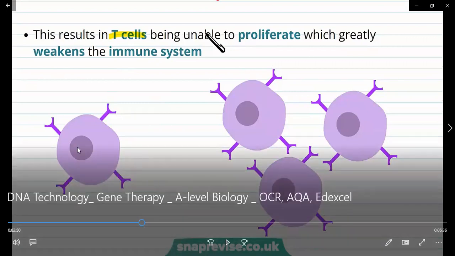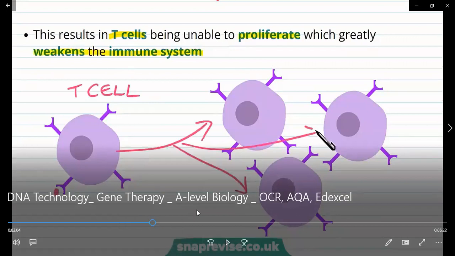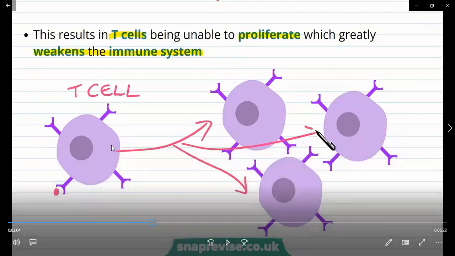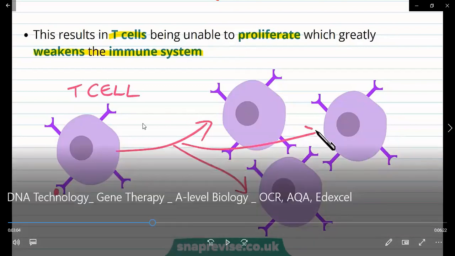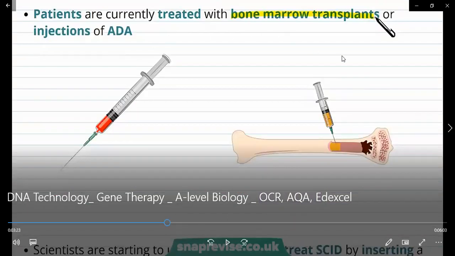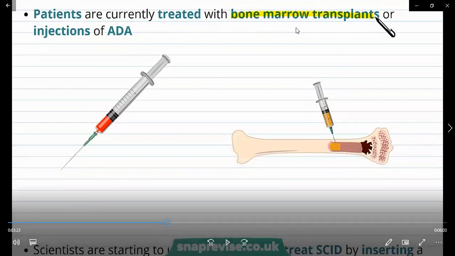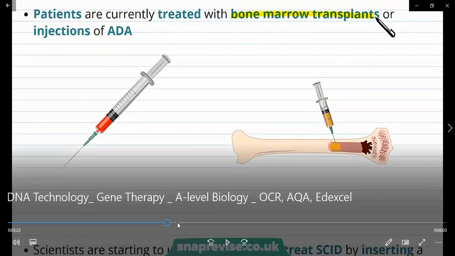Because the lymphocytes had the faulty gene inside of them, they weren't able to mount an effective immune response. So they were trying to see if they could somehow deliver the healthy allele for the enzyme to all the T cells, so that the faulty one doesn't get expressed. They tried giving people bone marrow transplants, because the bone marrow is where the T cells are made. So they tried injecting the enzyme into the bone marrow.